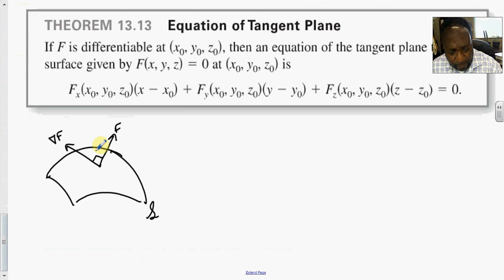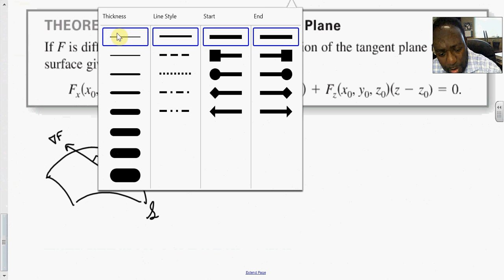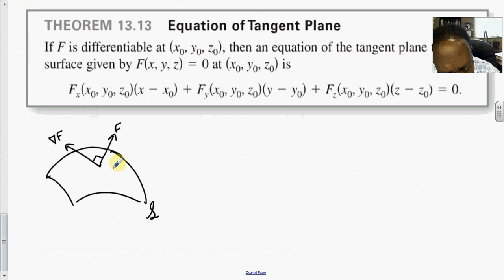We are looking for the equation of the tangent plane that is lying within the plane of this gradient. Let me see if I can change the color. I want to note here this point. This is the point x naught, y naught, and z naught.